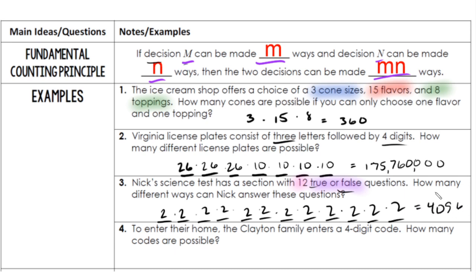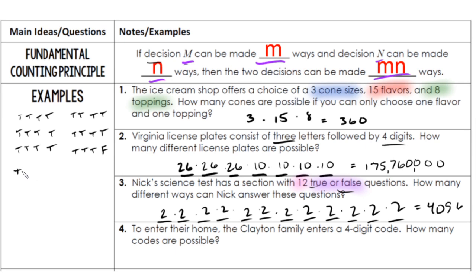And if you're wondering, well, that seems a little bit extreme. How can there possibly be 4,000 different tests? Well, let me give you a little example here. Person number 1 can put true for all 12. Person number 2 can put true for the first 11 and false for the last.